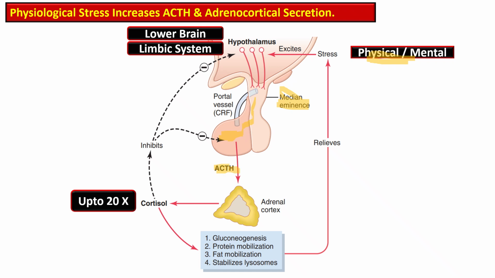So the cascade quickly increases blood cortisol level up to 20 times of the normal.